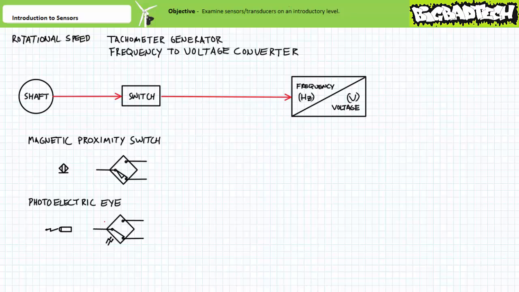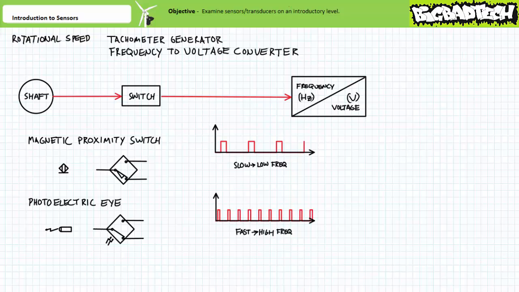In either case, every time the shaft revolves, the magnetic proximity switch or photoelectric eye is activated once per revolution. If the shaft spins slowly, the periodic activation and deactivation of the switch produces a low-frequency pulsed signal. If the shaft spins quickly, it produces a high-frequency pulsed signal.